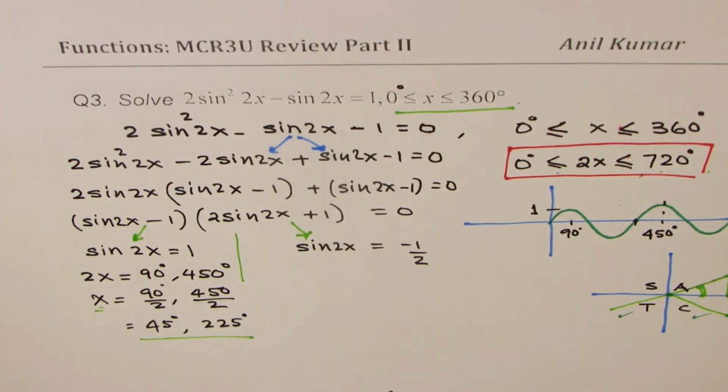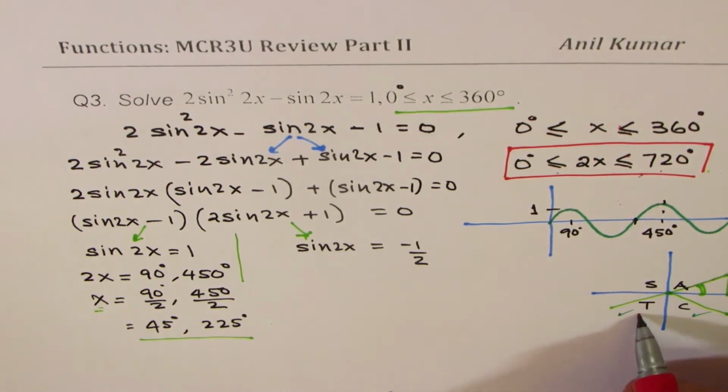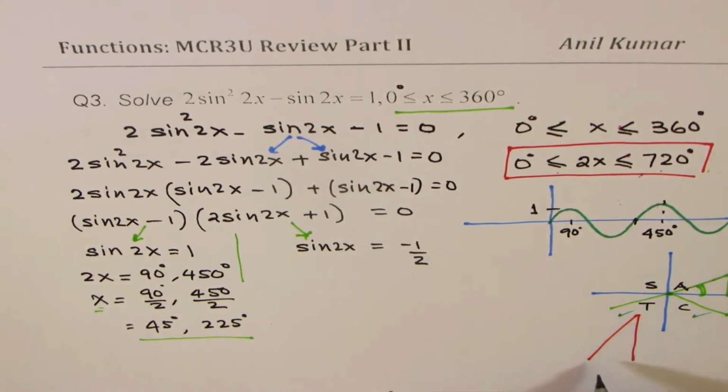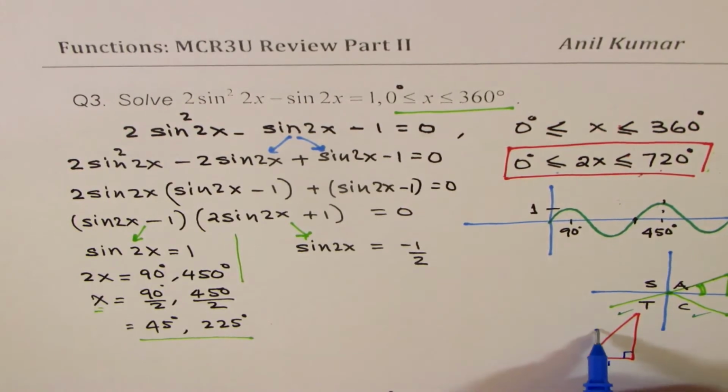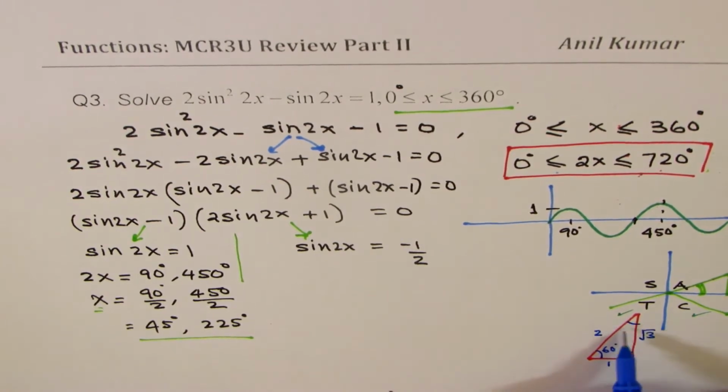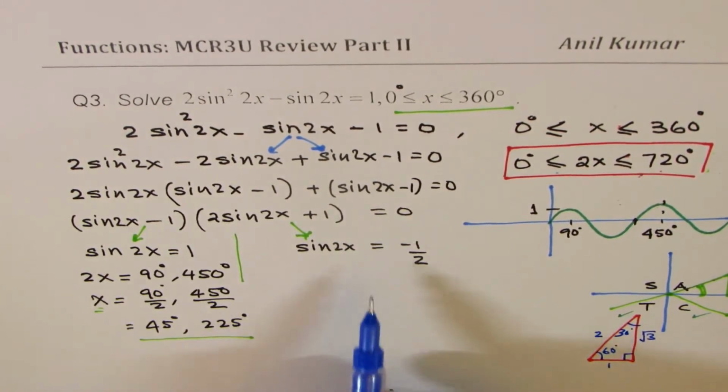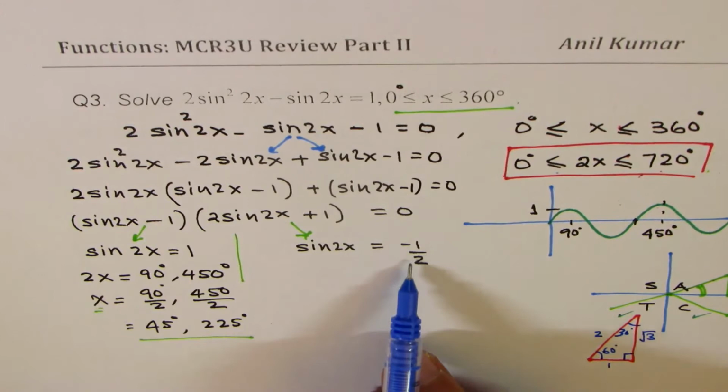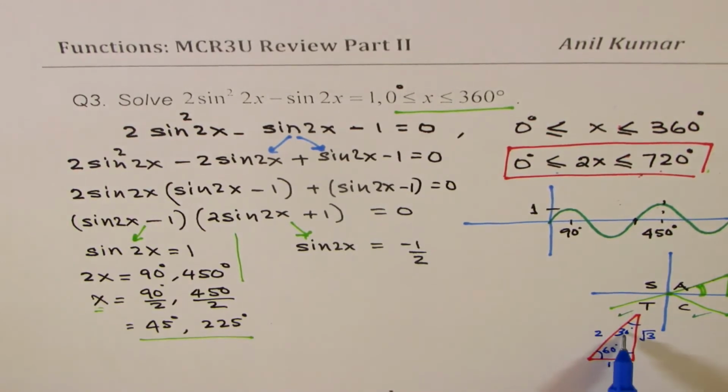Got it. The best way is to make special triangles so that we can give the solution as exact values, right? So I hope you remember these special triangles. The whole idea is to review what you have learned, right? So this is our special triangle where this angle is 60 degrees and that angle is 30 degrees. So you can see for a half value of sine x, the angle is 30 degrees.